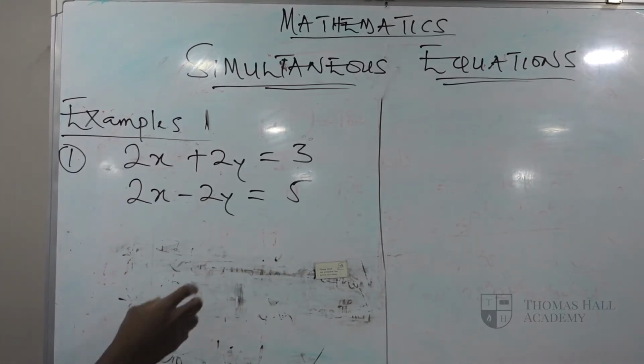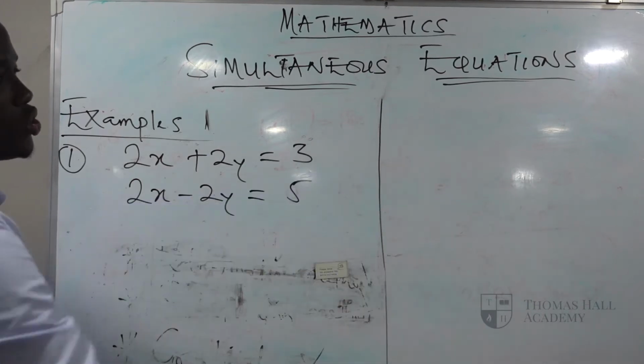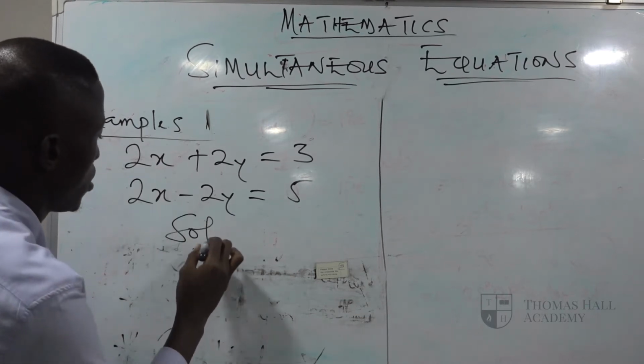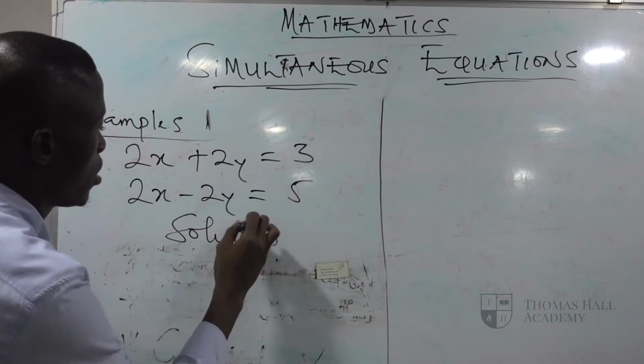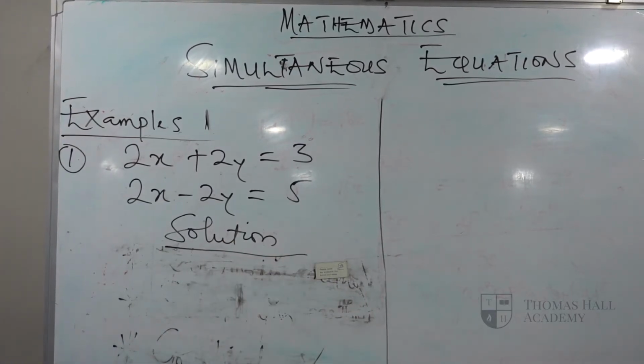Now we'll be using the two methods here. I will use the elimination method here and I will also use the substitution method here, so we compare the answers and see that they are the same.